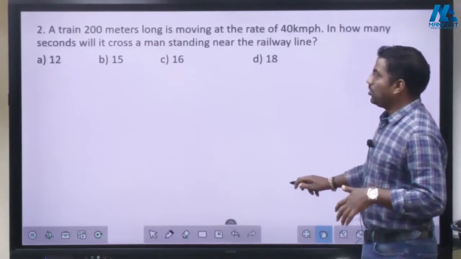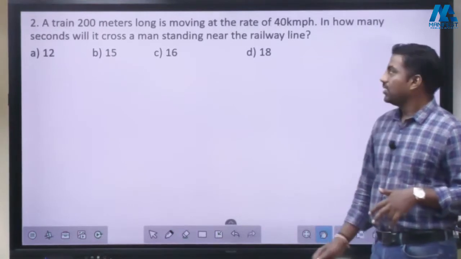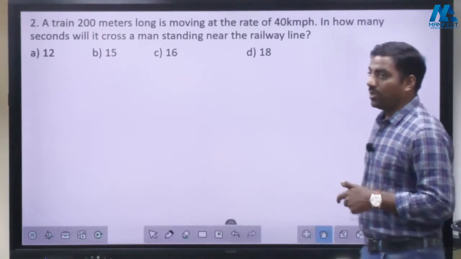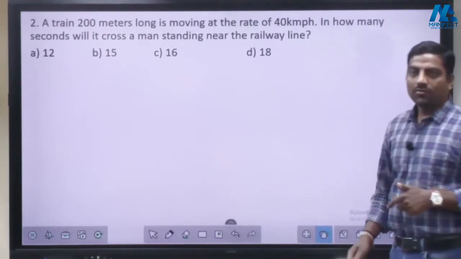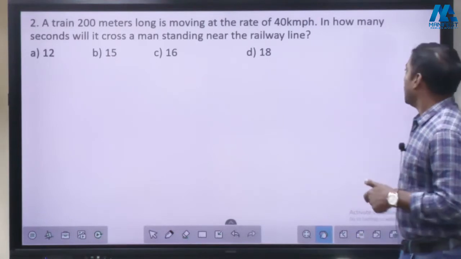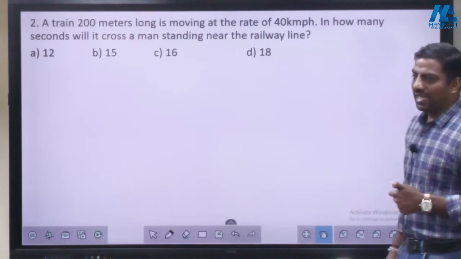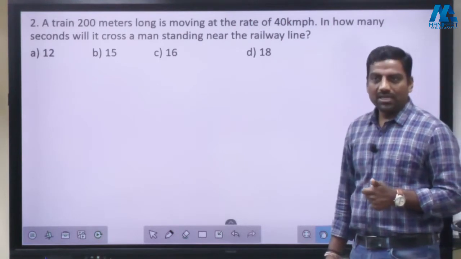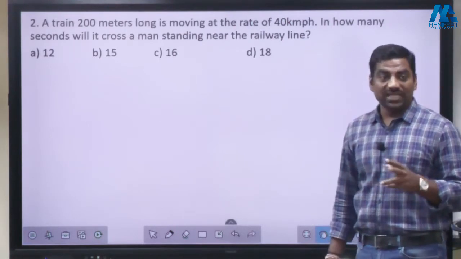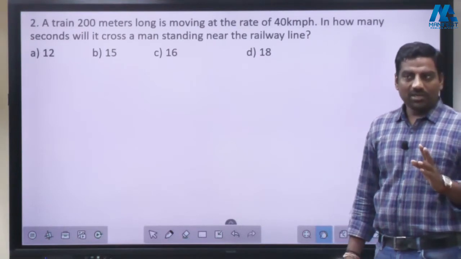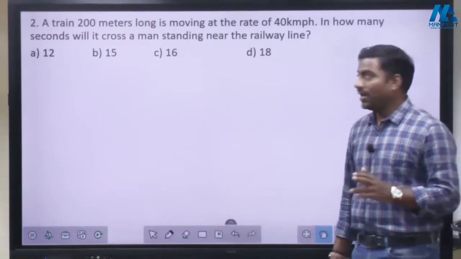A train 200 meters long is moving at the rate of 40 km per hour. See, here they have given 40 km per hour. In how many seconds will it cross a man standing near the railway line? Man is standing. If the man is moving, it is a different scene. Okay, so man is standing, correct?